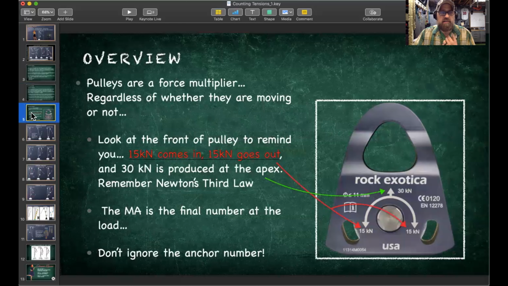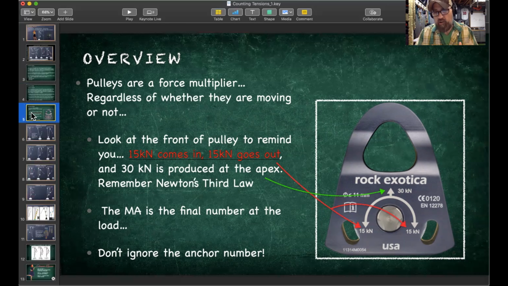Lastly, before we get started, pulleys are a force multiplier. So pulleys, regardless of whether they're fixed on an anchor or they're moving up in your mechanical advantage, just multiply force. If we go back to simple machines and look at a pulley, pulleys are used to magnify force. So they'll magnify that force, whether it's at an anchor or as a rope grab that's moving.